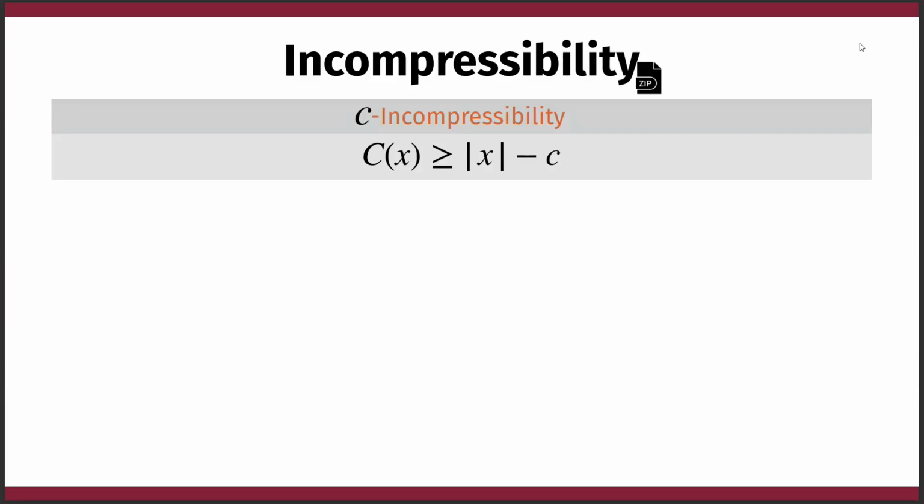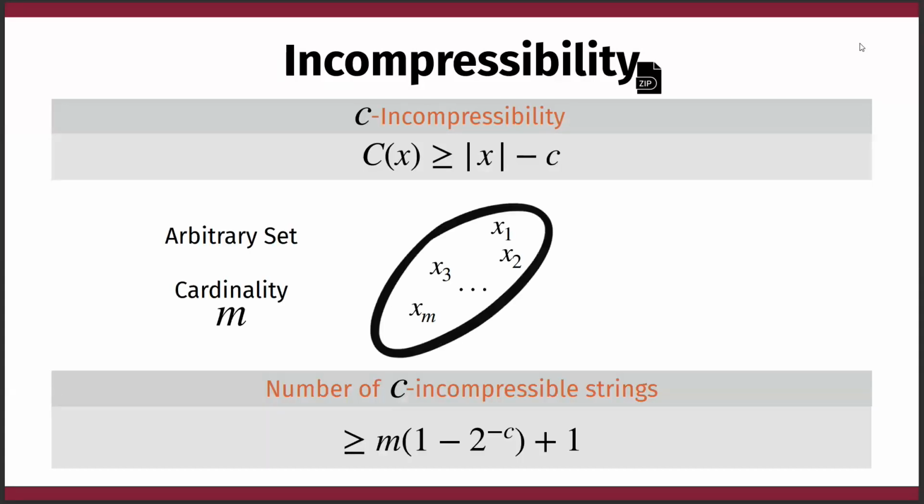So an object is incompressible if the Kolmogorov complexity of the object is greater or equal than the size of the object minus C. And the cool fact is that in any given arbitrary set, if you know the cardinality M, we also know the number of c-compressible objects in the set. So this is the amount that you see on the slide that depends on both the cardinality M and the factor C of the c-compressibility.